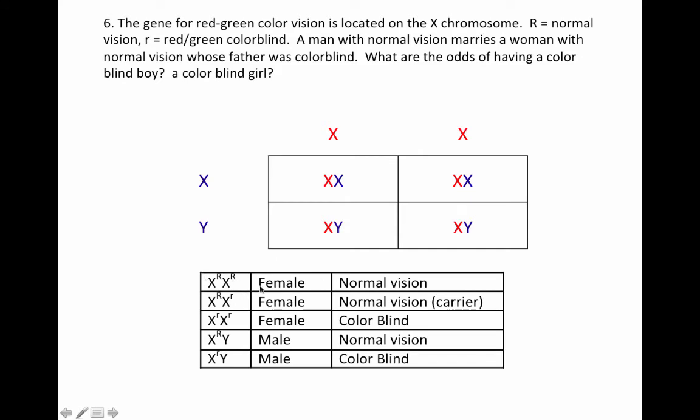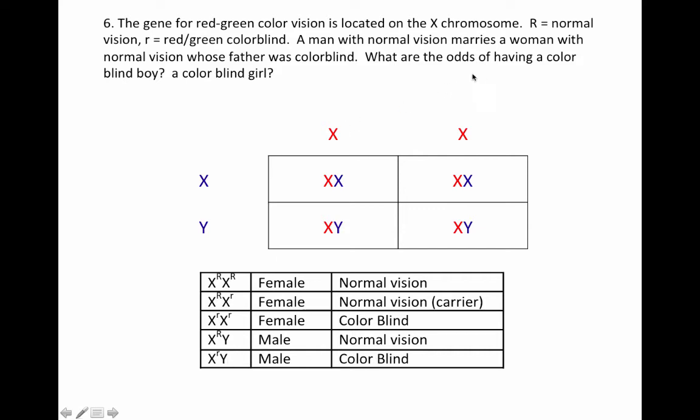So if you're X big R, you're a female, XX, you have normal vision. If you have X big R, X little r, heterozygous, this is a female who has normal vision but is a carrier. This female here is colorblind because she doesn't have a copy of the dominant allele. And then this male has normal vision, and this male would be colorblind.